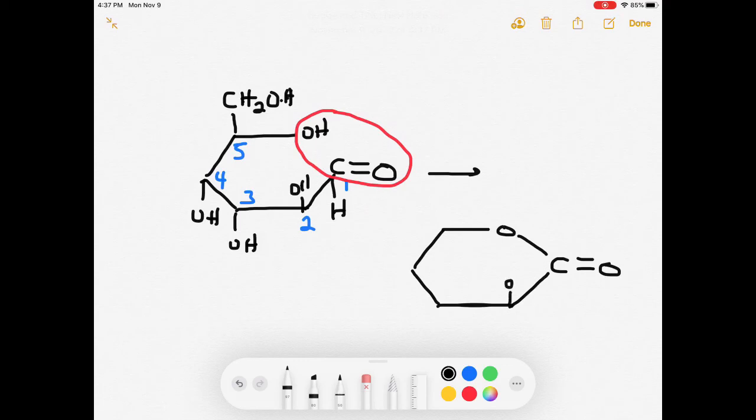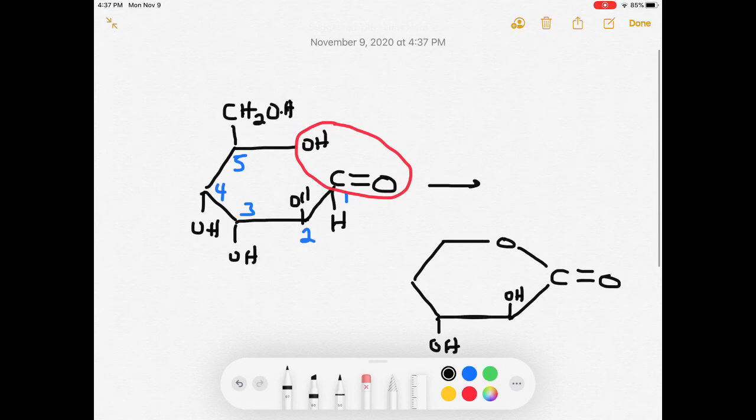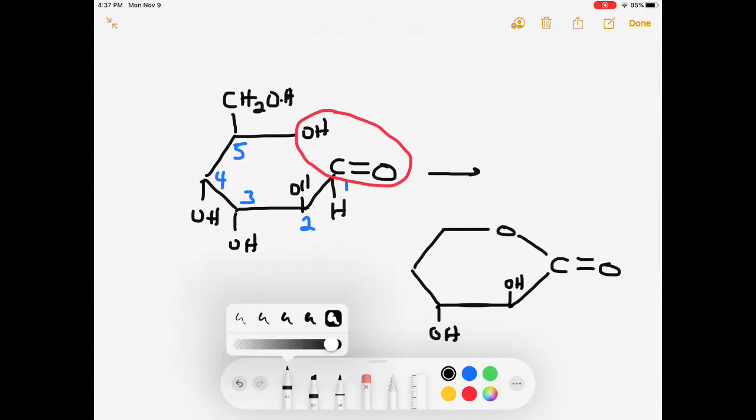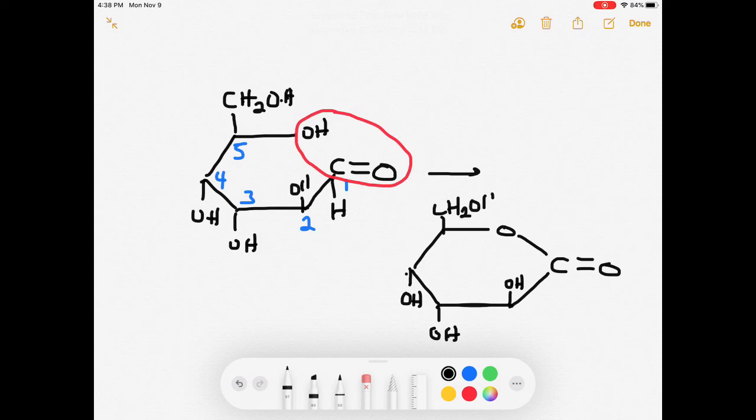Okay, I'm drawing all their hydroxyl groups here. Okay, so now we form the cyclic hemiacetal by combining the aldehyde and the OH group.